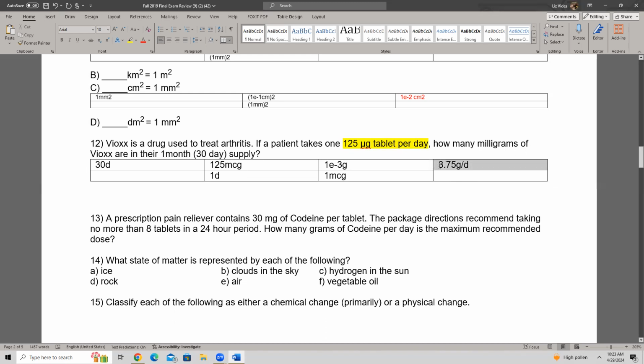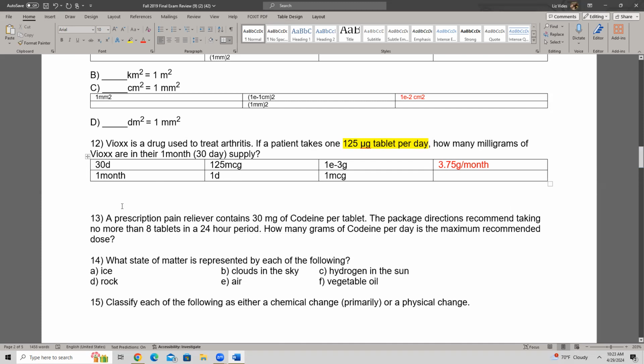You notice I did cancel out days, but that is what they wanted to know. Actually, per month is what it should say here, because that's what they asked for, a 1 month supply. If you wanted, you could put 30 days equals 1 month, which would give you month on the bottom.